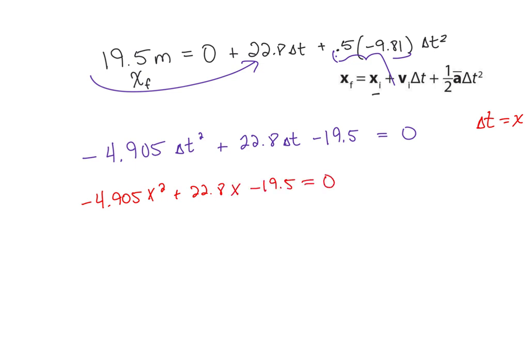What type of equation do I have? I have a quadratic with a negative a. Tells me it points down, does it not? So if I have a parabola pointed down, doesn't that look like what a ball is going to make if it's thrown up? Yes, it does. How do I solve a quadratic? I'm definitely not going to factor this thing. Am I? No, I am not going to factor this.